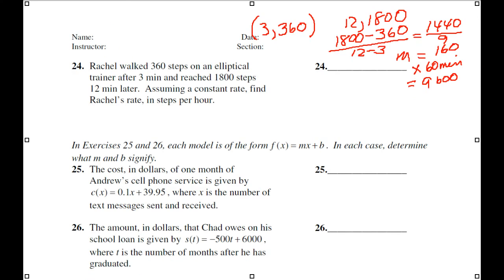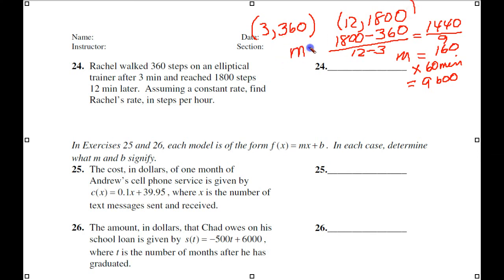Okay, we've done a lot in this chapter, so this is going to be our last problem. We're not going to go on with these. The answers are in your little booklet, but for this one, how do we figure it out? Well, Rachel walked 360 steps in 3 minutes. So we always put the minutes first, comma 360, that's an ordered pair. Then the other ordered pair would be up here, 12, 180.